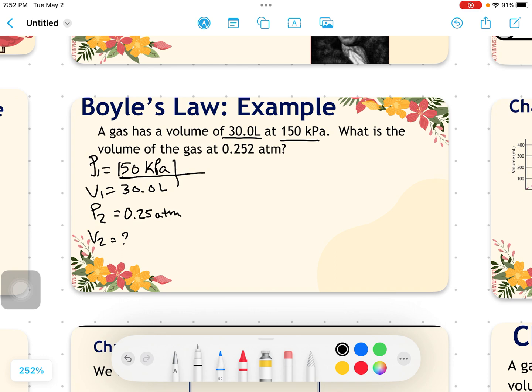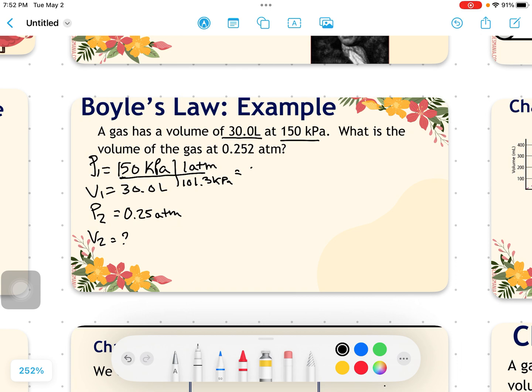So if I have kPa, for 1 atm, I have 1 atm on top, and that goes to every 101.3 kPa. Okay, so I'm going to take 150 times 1 divided by 101.3.